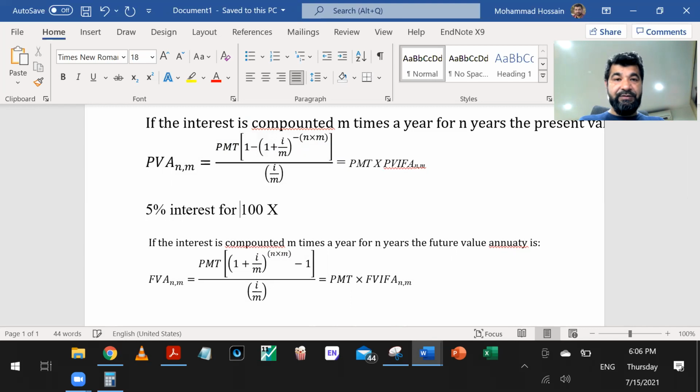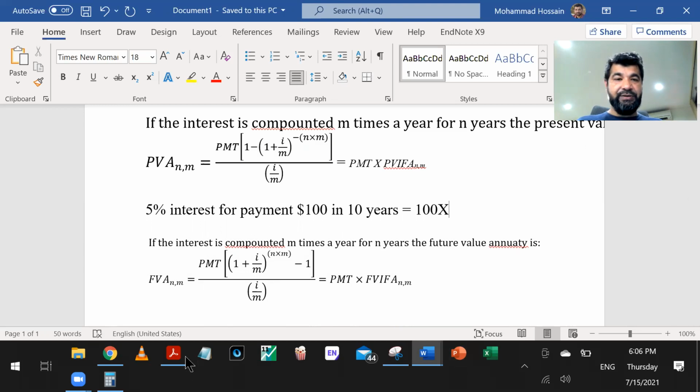Payment of $100 in 10 years. That's our information. So it's going to be 100 multiplied by 5%, 10 years.